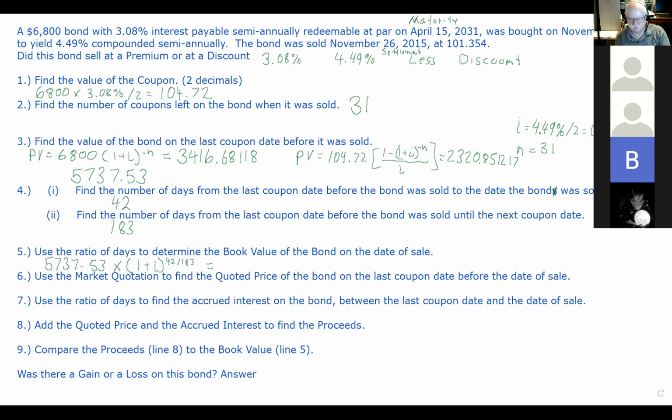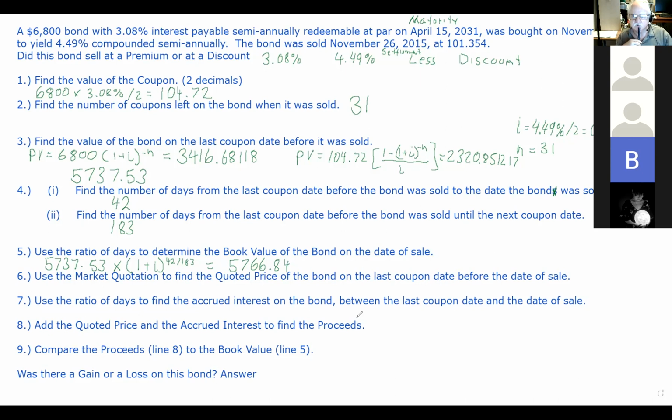So 1 plus, recall 1 plus i to the x, bracket 42 divided by 183, times 5737.53. And I'm getting 5766.84. So that works.